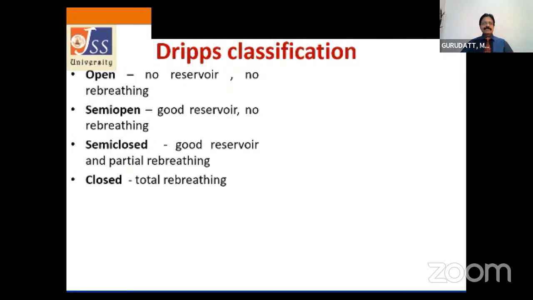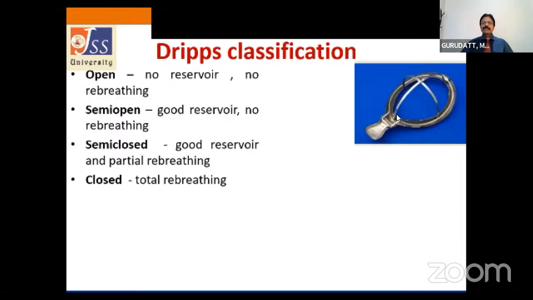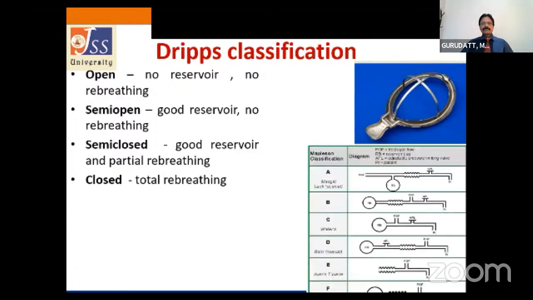What examples did he give for each of these? For the open circuit, the example was the Schimmelbusch mask. You all know how confusing that is, because when you're using a Schimmelbusch mask you don't use any machine at all, so how can you describe it as a breathing circuit? The second, the semi-open circuit: all these Mapleson systems were classified by Dripps as semi-open systems.